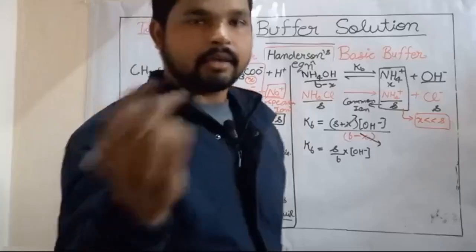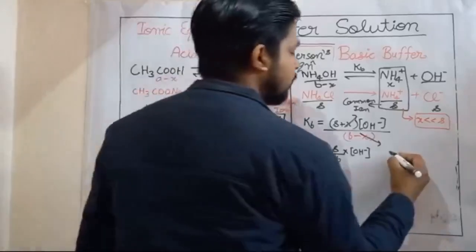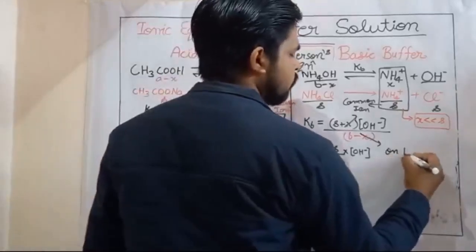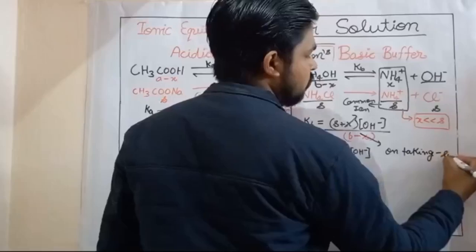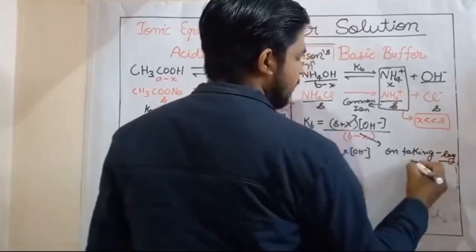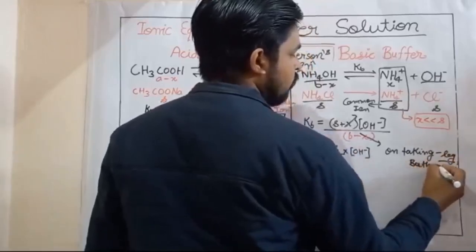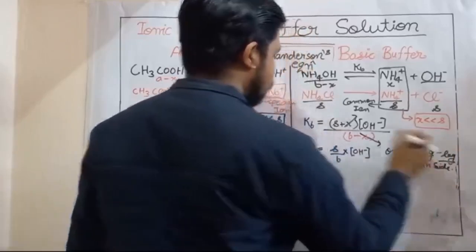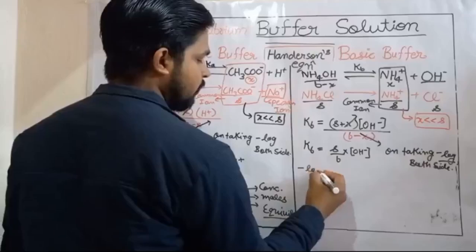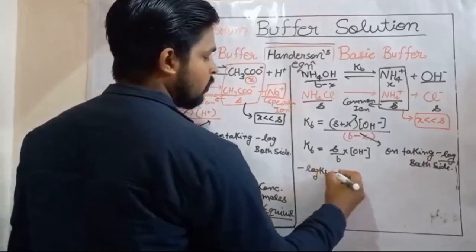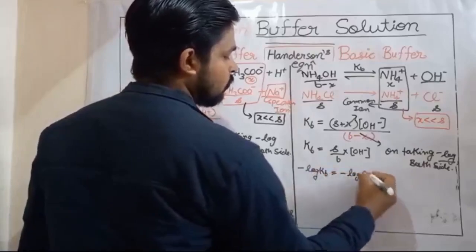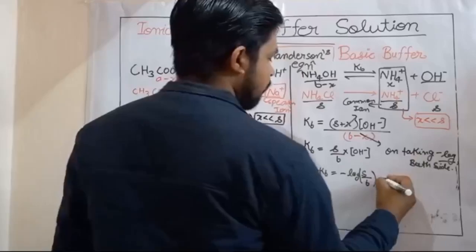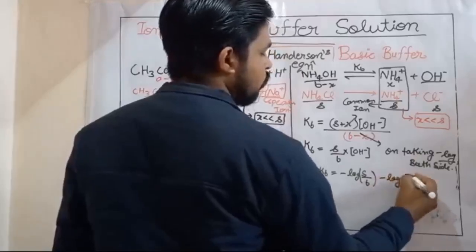On taking minus log on both sides, for ease of deriving our formula: minus log Kb equals minus log salt by base concentration minus log OH concentration.